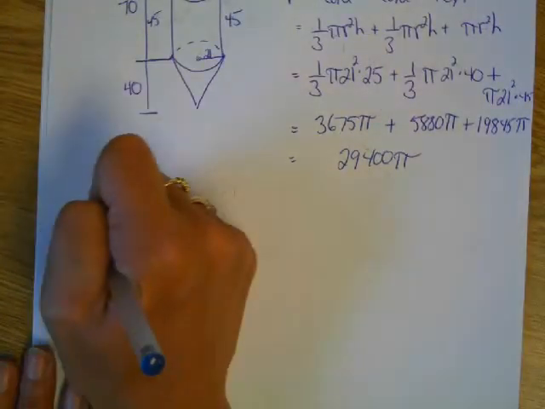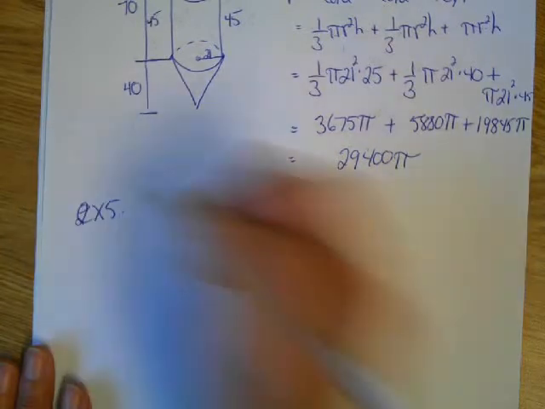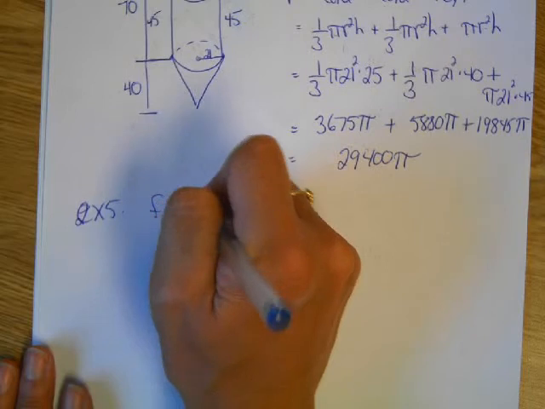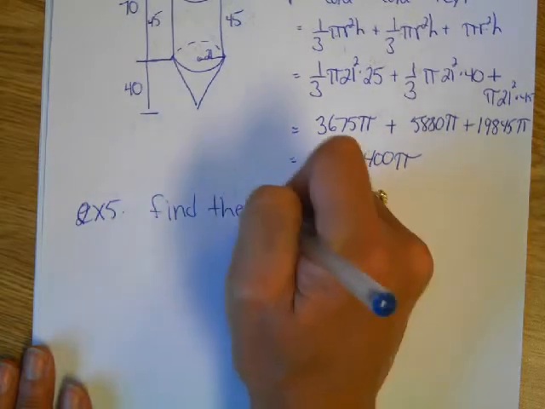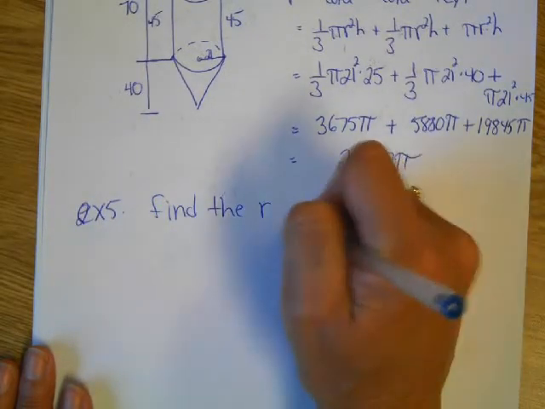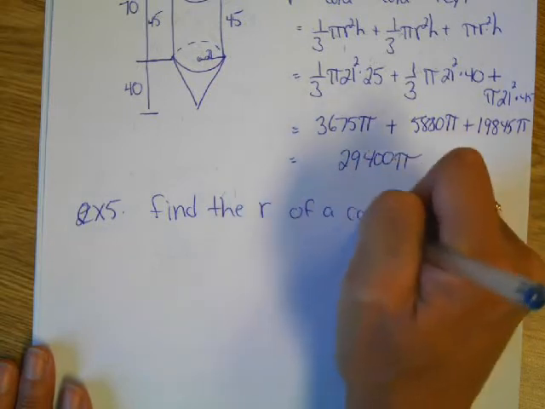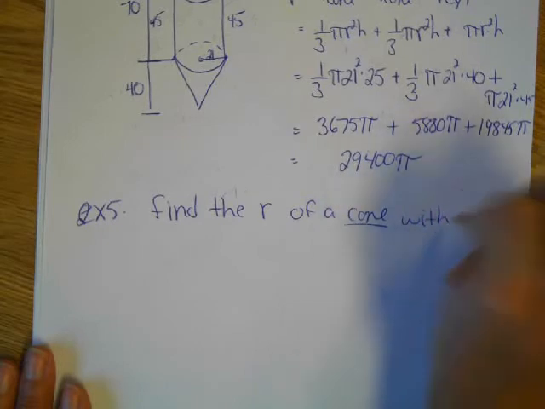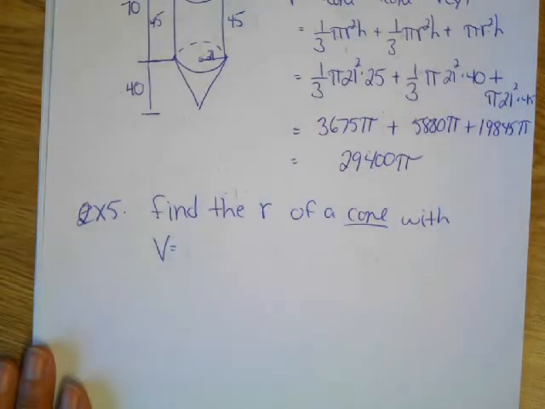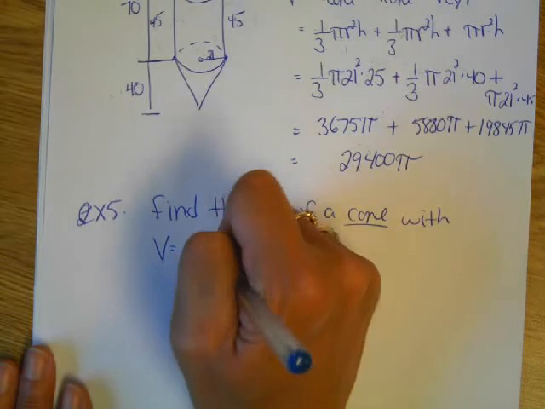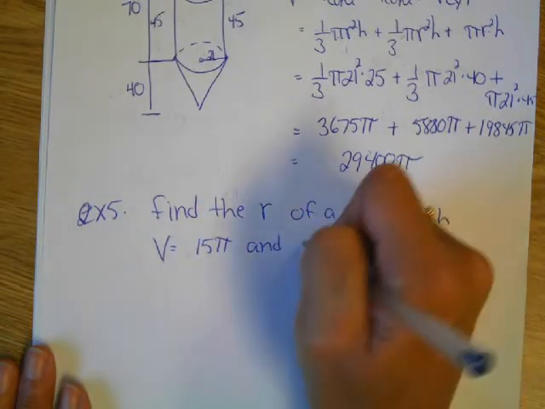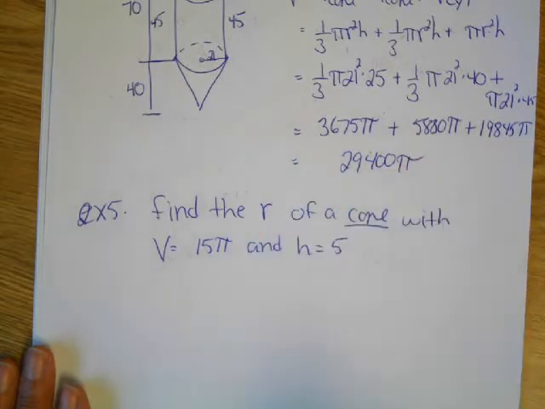Alright, last one, a little algebra, a little working backwards. Here we go. We're going to find the radius of a cone with volume equal to 15 pi and has a height equal to 5.